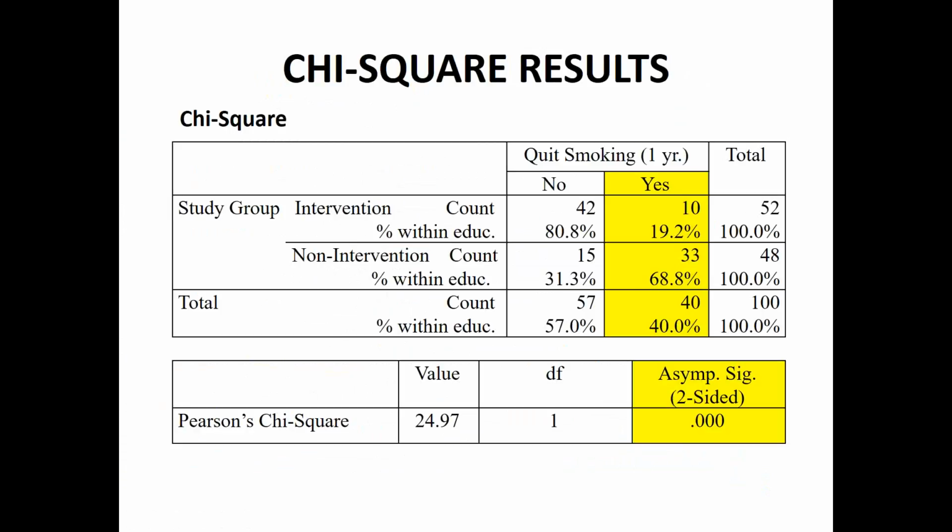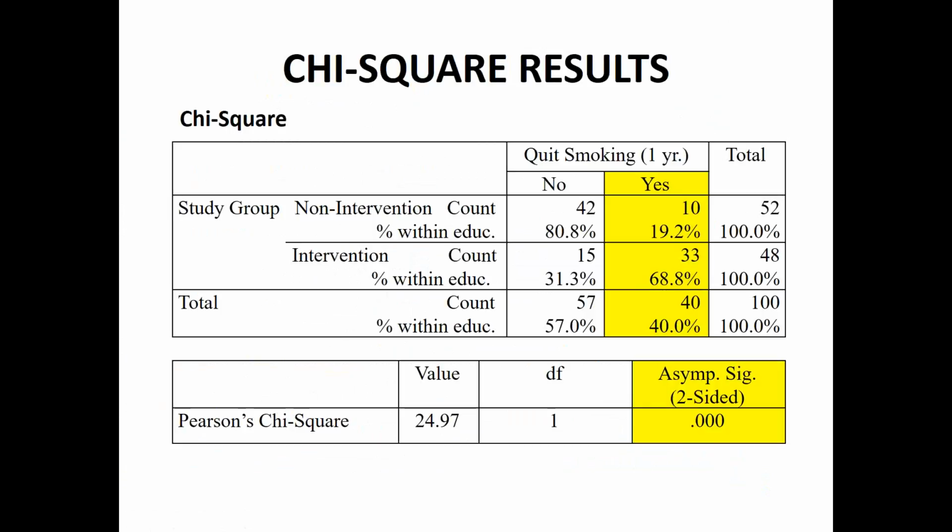And if we look at the column for quit smoking yes, and we look at the intervention line, we see that in the intervention group, in the total, there are 48 study participants, so that's accurate. And of them, there are 33 in the yes column, which is 68.8% of them.